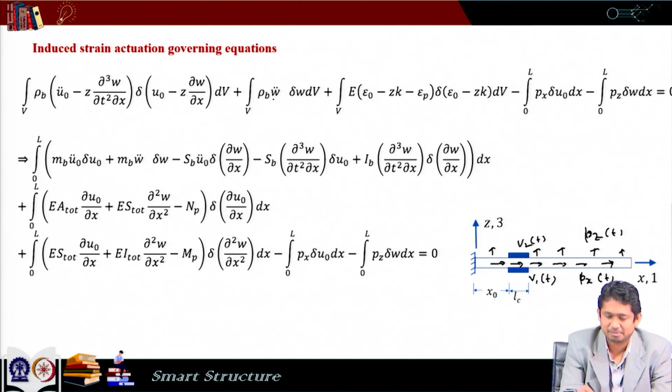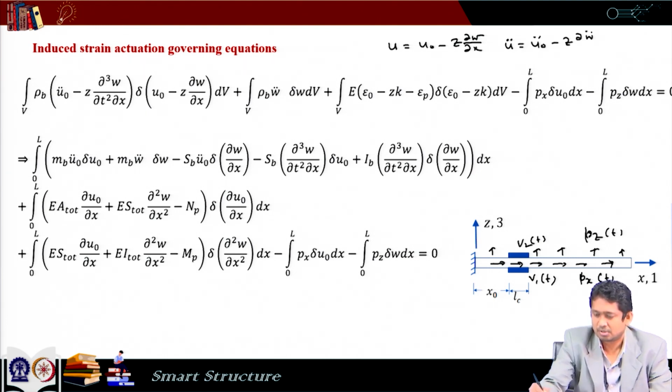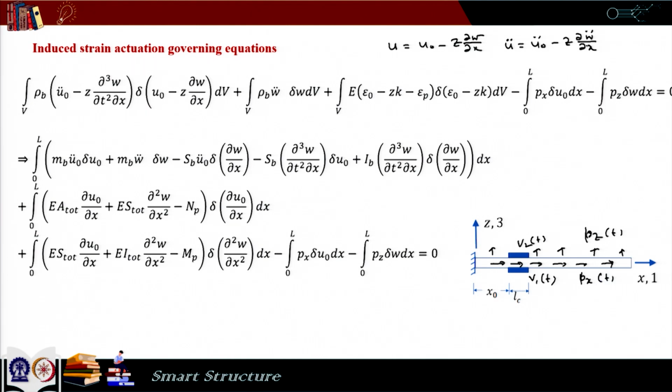So, density multiplied by acceleration along the z direction and its integral, which is this, and here we have the acceleration along the x direction, because we know that the displacement along x is u0 minus z into del w by del x, and that gives me that u double dot is equal to u0 double dot minus z into del of w double dot by del x, which can also be written as del 3 w by del t2 del x.